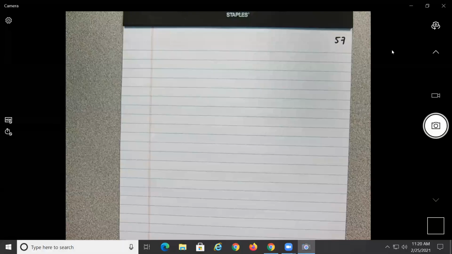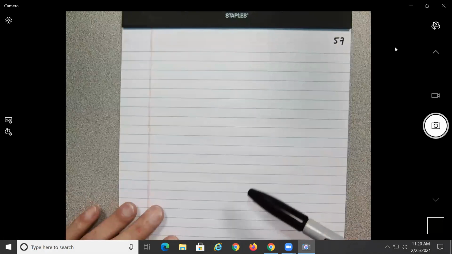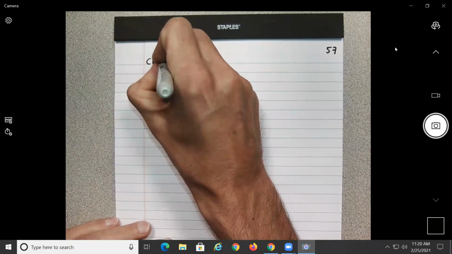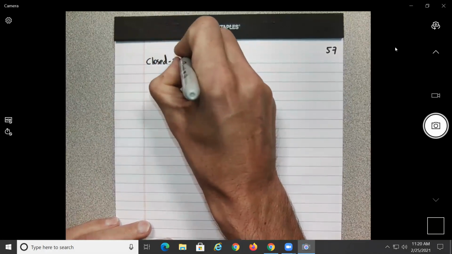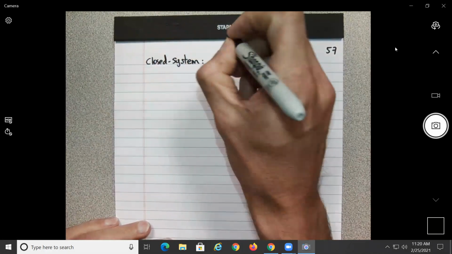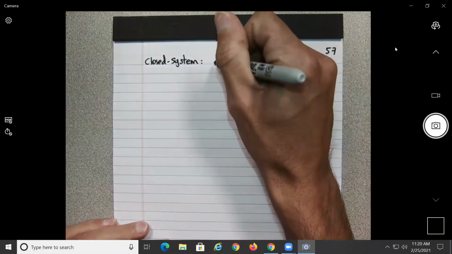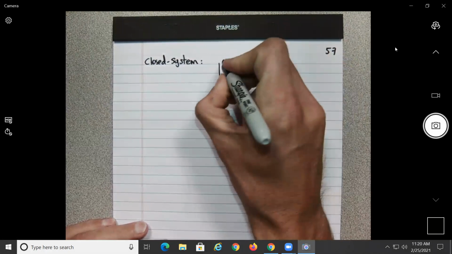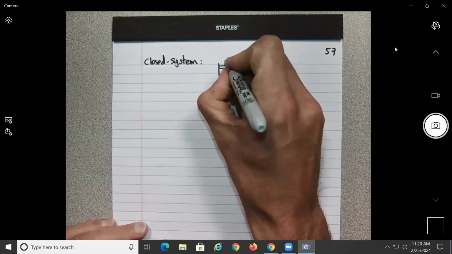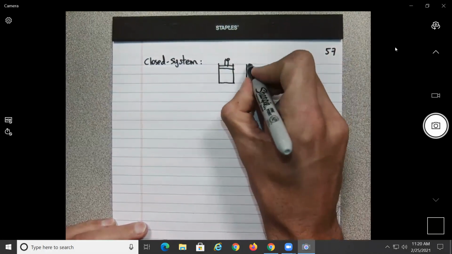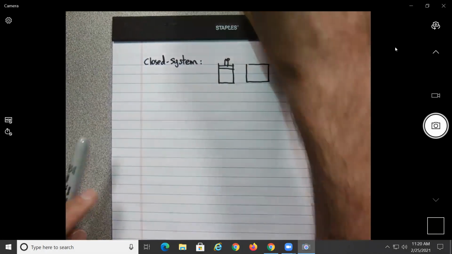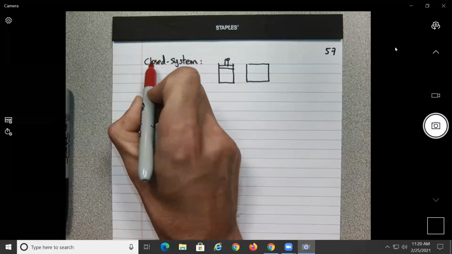Okay, guys, so far we have only studied systems that we define as closed systems. So basically, we were always dealing with these two types of systems: the piston cylinder assembly, or some type of box or container that was closed.